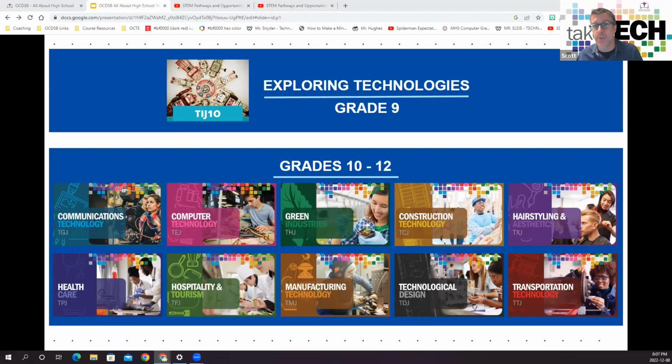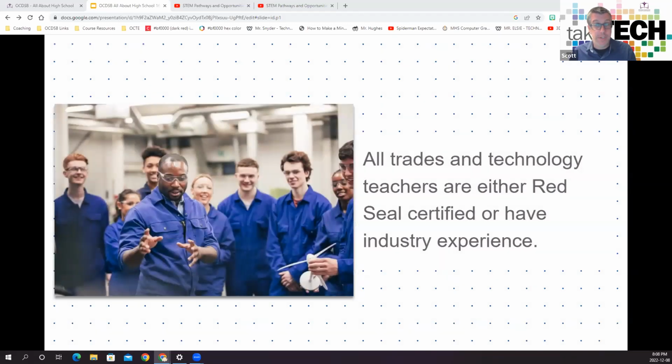That's usually the way that schools offer it, so that students in grade 10, when technology becomes a bit more of a spider web as to what direction they want to go, they can make informed choices. The other thing I wanted to mention about our tech courses is that they're taught by Red Seal and industry experienced teachers.